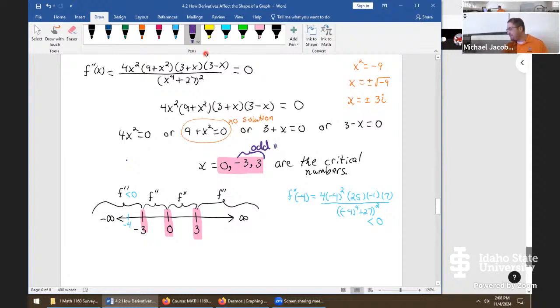There we go, sorry about that pen. Odd multiplicity. This one, where we set x equals 0 as a critical number, it came from that 4x squared. The power on this one is 2, so we say that one has even multiplicity.